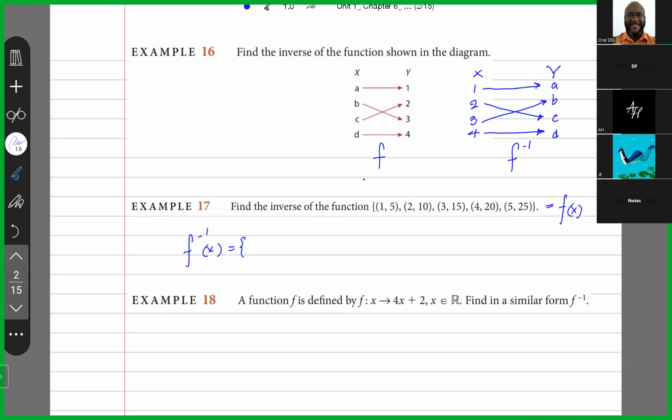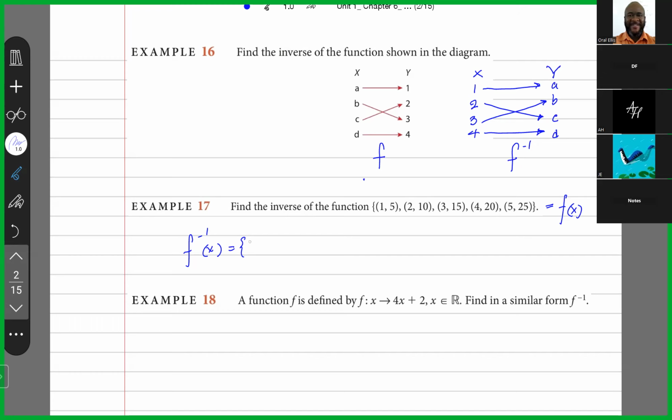So if you interchange the domain and the range elements of a bijective function, the resulting function is the inverse of the original function.